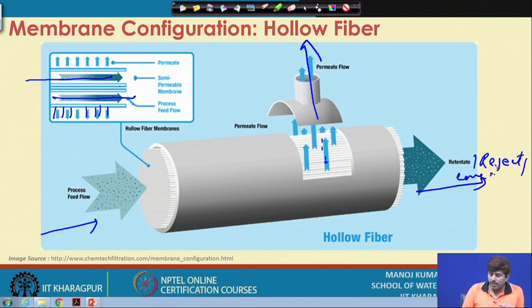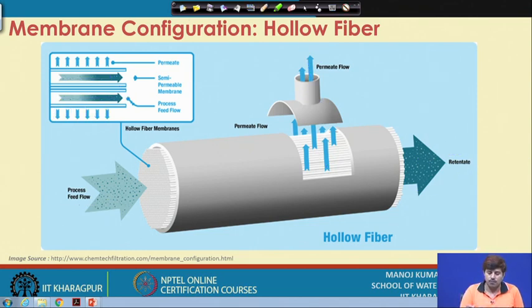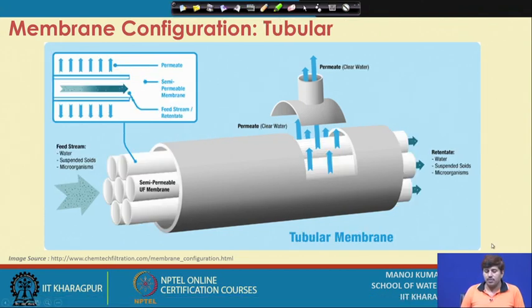You have the feed water passing through this, reject water going through this, and in between your permeate is flowing through vertically. These cross flow membranes are more popular because they do not have that much of a fouling problem as we see in the dead end modules.